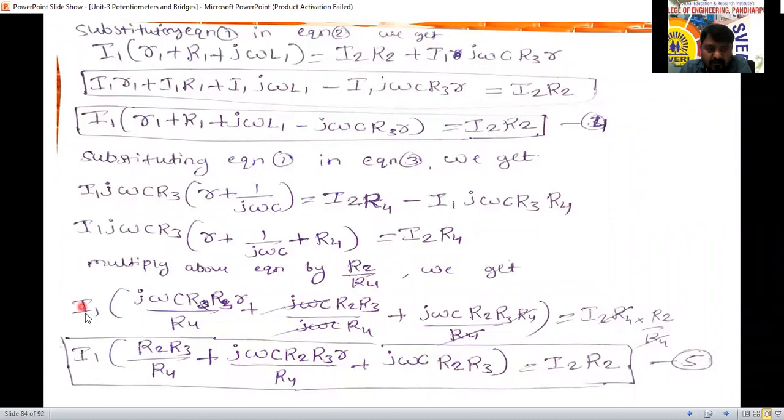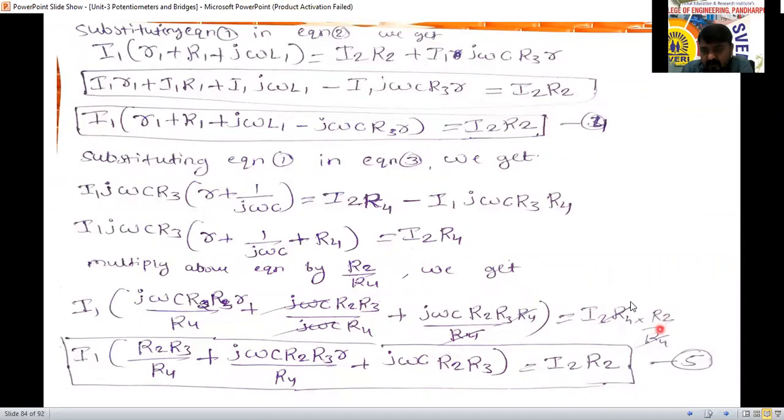Next, write I1 as it is. Split this term here now. j omega c R3 I will write as it is into R2 by R4, plus j omega c R3 into 1 divided by j omega c R2 R4 which we have multiplied, plus this term also with I1 j omega c R3 into R4 into R2 by R4, equal to I2 R4 into R2 by R4.